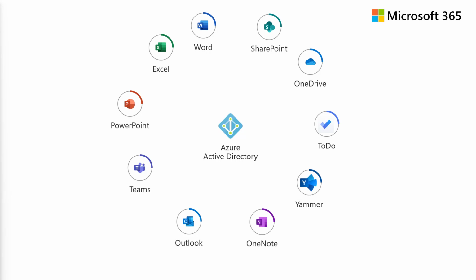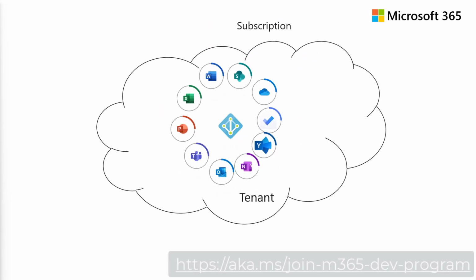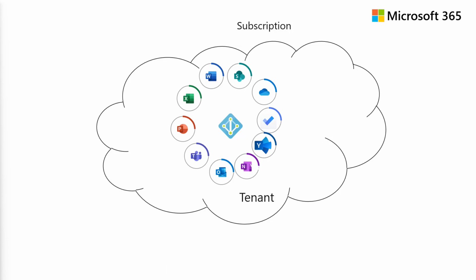If you were to purchase a Microsoft 365 subscription or get a free one as a developer, and I'll put the link on the screen here, what you're really going to get is one instance of Azure Active Directory and access to some or all of these applications, depending on the plan that you have, and the content that users create using those applications. They all go into a tenant, which is a security boundary and an administrative boundary around all of that content and all of your directory information.